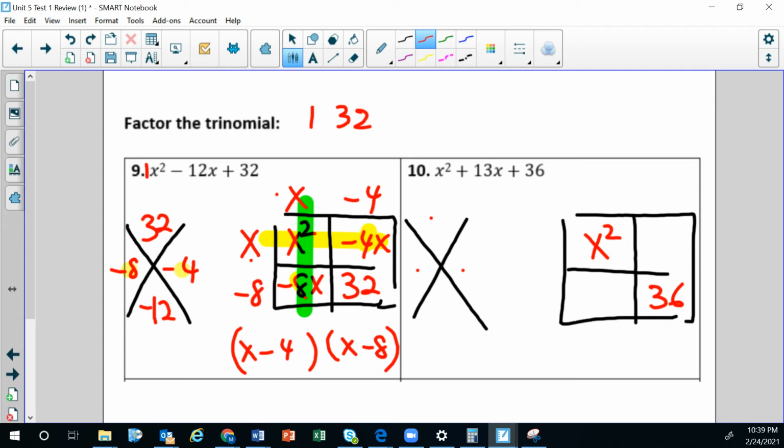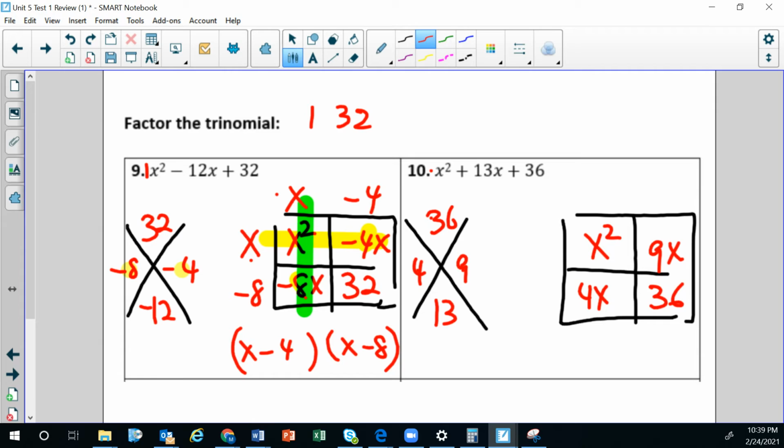So the top number is going to be 36. Remember now, it's going to be 1 times 36, and the bottom is going to be 13. And so two numbers, when I add them, give me 13, but when I multiply them, give me 36. And you can pause the video and try to figure it out, but that's going to be 4 and 9. Okay, so I'm going to have 4x and 9x.